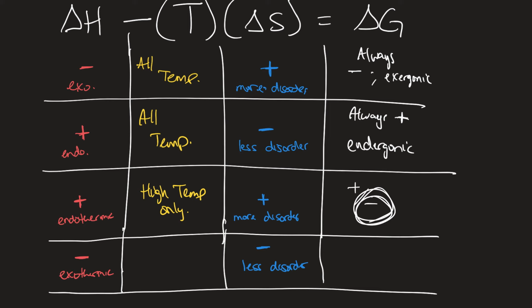Now, delta G in this case could either be positive or negative. It just kind of depends, right? But if we want it to be negative, so we're focusing on the negative part, then this only takes place at low temperatures only. Okay. And as I said, that should kind of make sense.